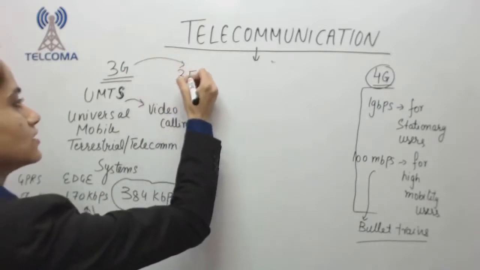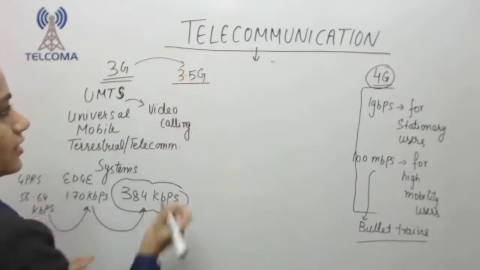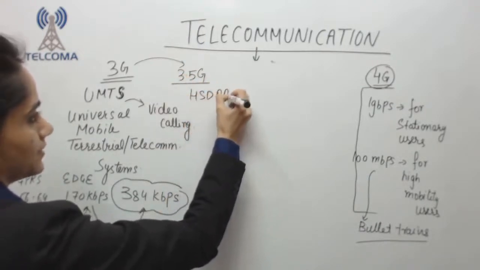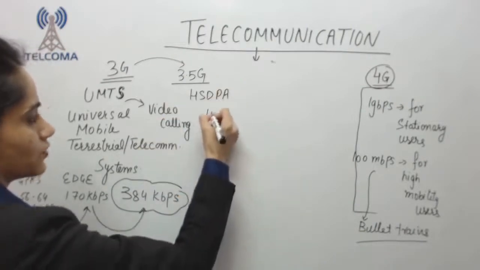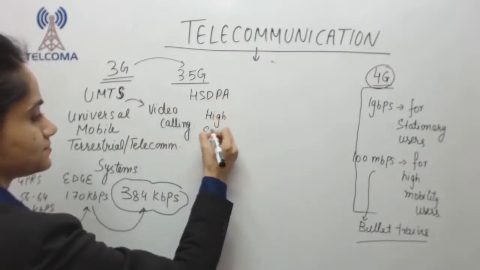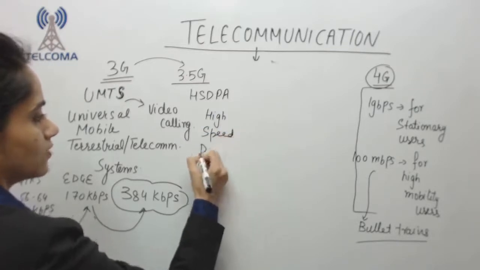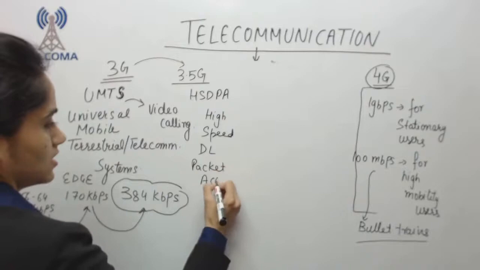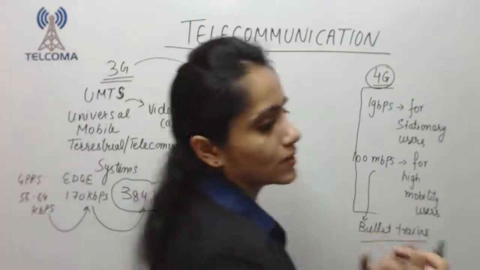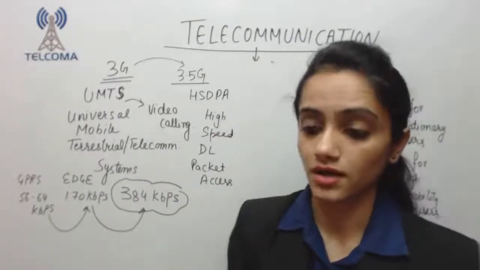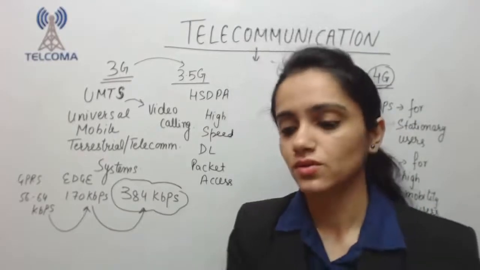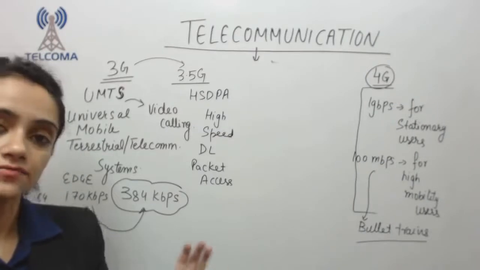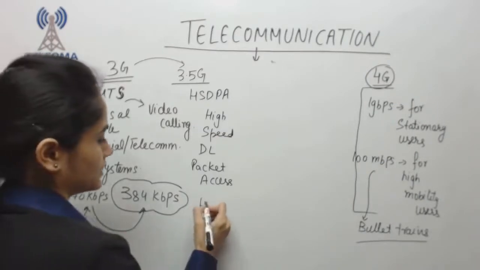So after this, we have 3.5G. We call it HSDPA, which stands for High Speed Downlink Packet Access. That means we have focused on the downlink speed because most of the users are downloading. After that we have an era of cloud computing, that means we have to work with upload speed also.